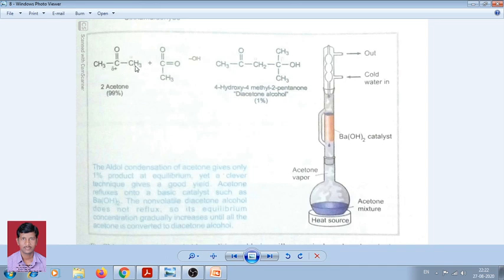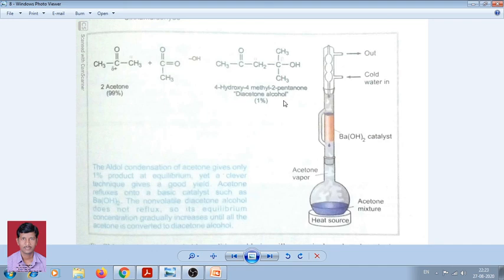CH3COCH3. Instead of an extra C double bond, there should be the CH3. After the reaction between these two molecules, we get this compound, diacetone alcohol, and diacetone alcohol is the product of the aldol condensation reaction.